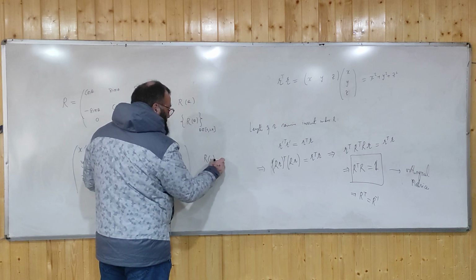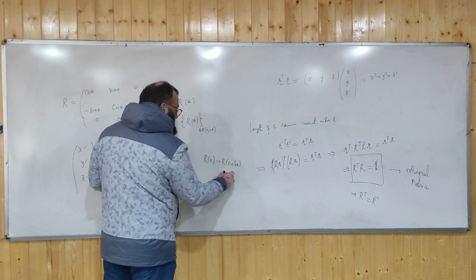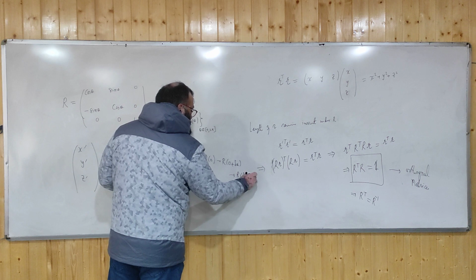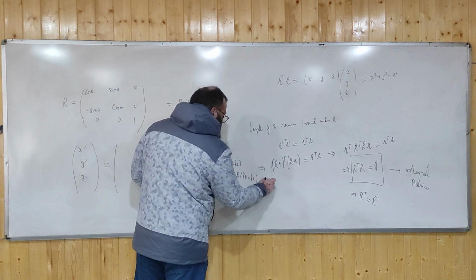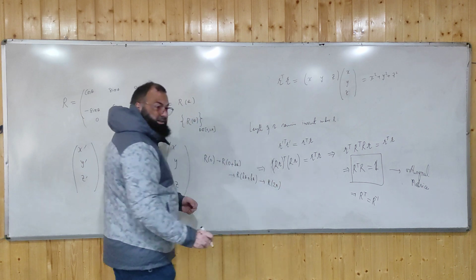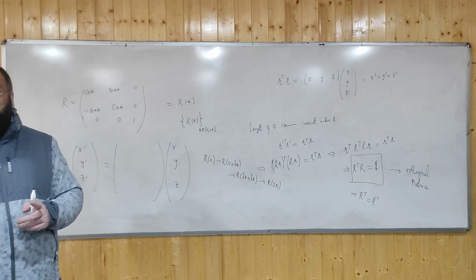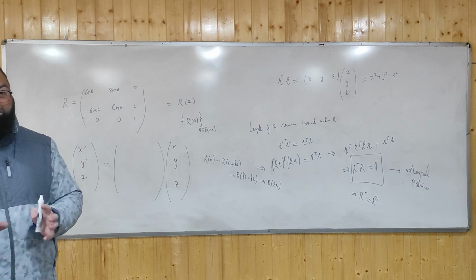You can go to R of 0 plus delta theta, then R of 0 plus delta theta plus delta theta, till you reach R of 2 pi. So you can get these elements continuously from a given element. You got my point?